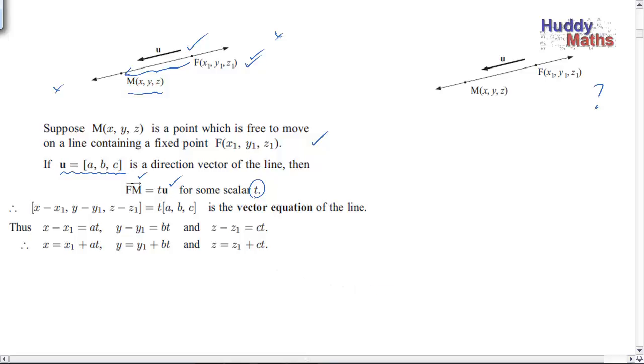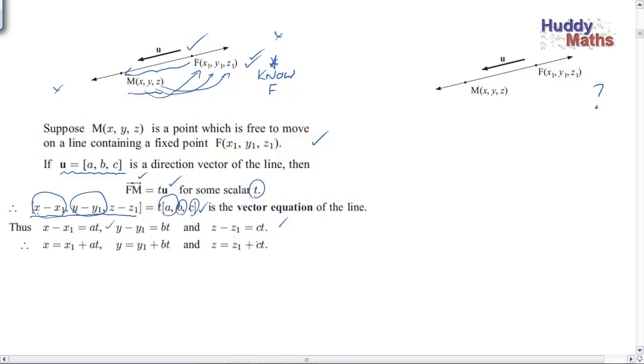All right, so what could we say? Well, FM is this, isn't it? It's x take the x coordinate of that, y, and just keep in mind, we know F. We know the coordinates of F because we've got to fix our line in space and then give it a direction. So we know that. So it's t times our direction vector in a vector equation. So therefore we can say x take x1 is t by a, y take y1 is t by b, and z take z1 is t by c.